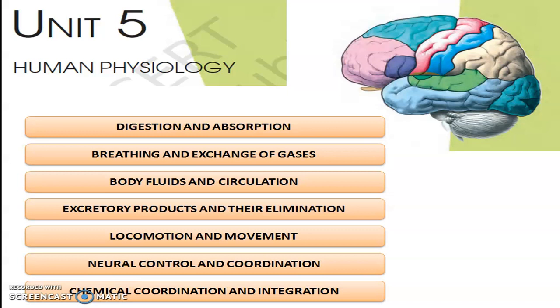So in this unit, we will be dealing with various systems like digestion, breathing, respiration, circulation, excretion, locomotion and movement, chemical coordination, and so on. In the end, various diseases will be dealt with. In case of any malfunctioning, what kind of disease can develop, we'll be dealing with very briefly, because this will come as an attached question, not the main question.